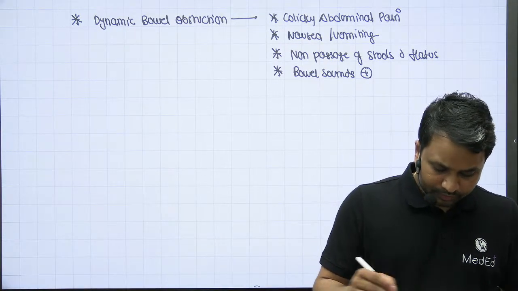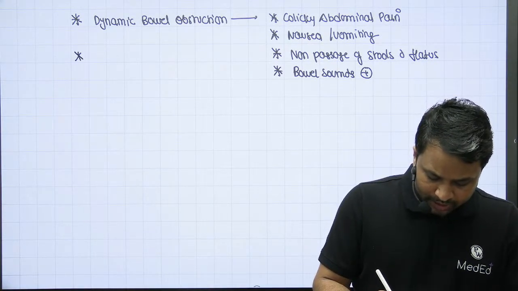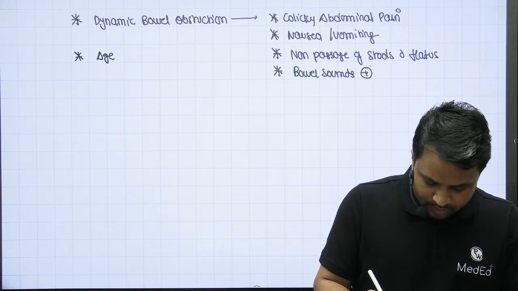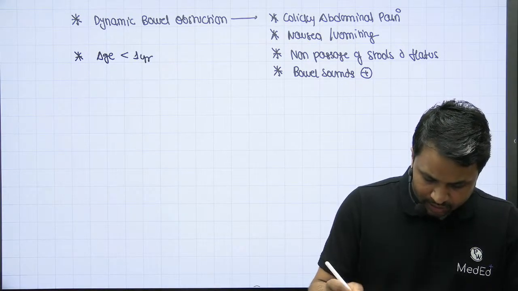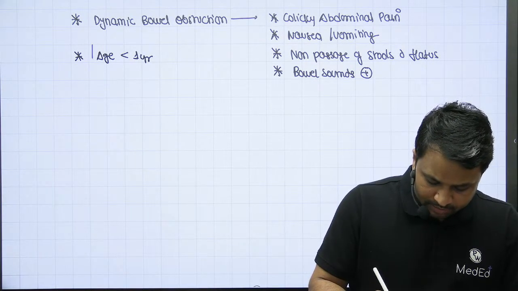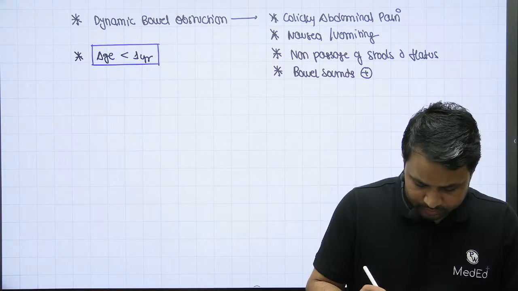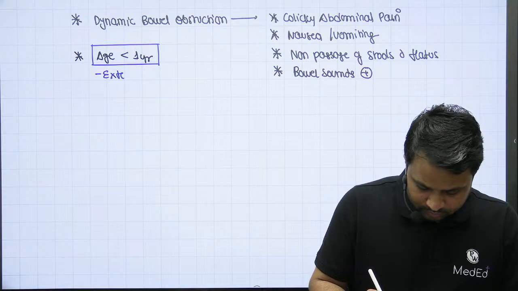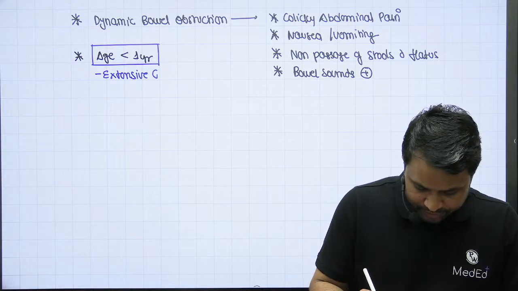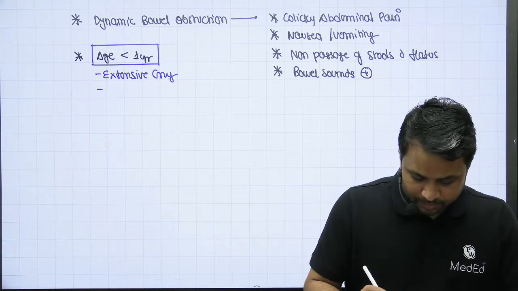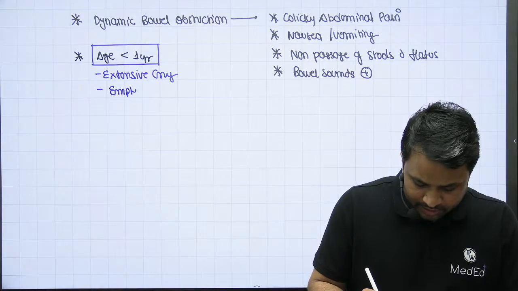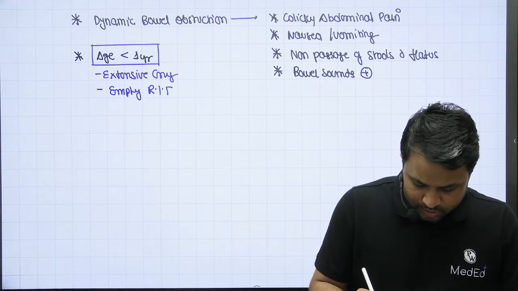Now, if I change this to age less than 1 year, what will be the presentation? Here the baby is going to have an extensive cry. When you palpate, there will be an empty right iliac fossa.